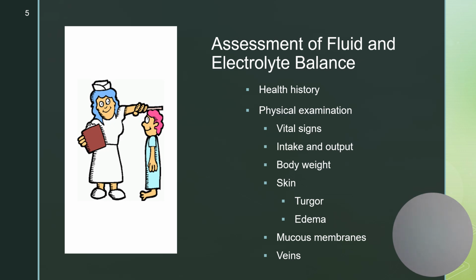So when assessing priority, how do we assess priority? We look at Maslow's hierarchy, first of all. ABCs, airway, breathing, and circulation, always have priority in that order, unless it is not relevant to the situation.